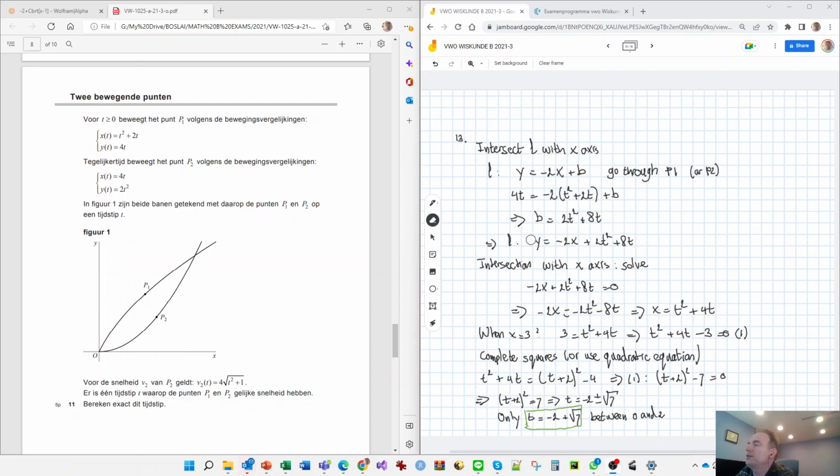So when does this intersect with the x-axis? Well, if y is equal to 0. So we need to set y here to 0 and find out for which x that happens.